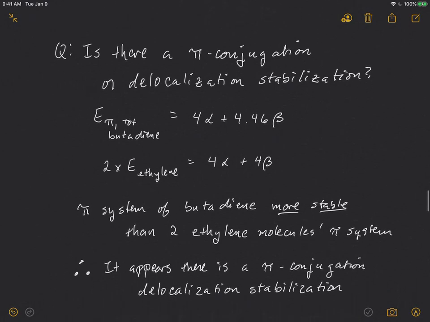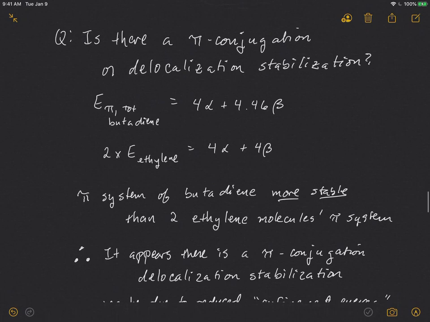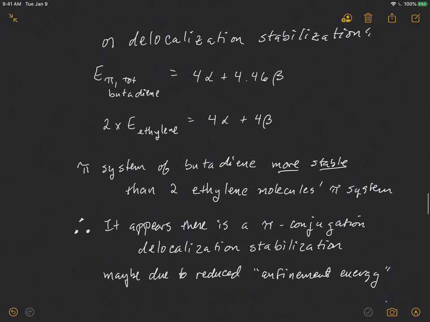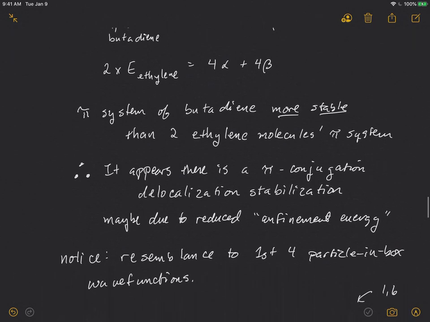So it really seems like there is a pi conjugation or a delocalization stabilization in this system. And we can think of this as maybe being due to a reduced confinement energy. The electrons can spread out, and we know from the particle in a box, this gives a lower energy.